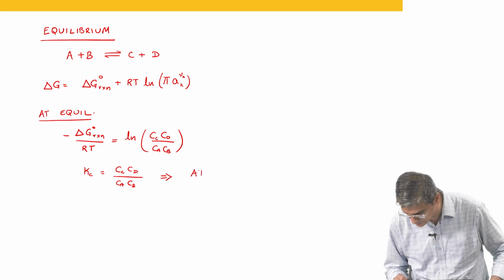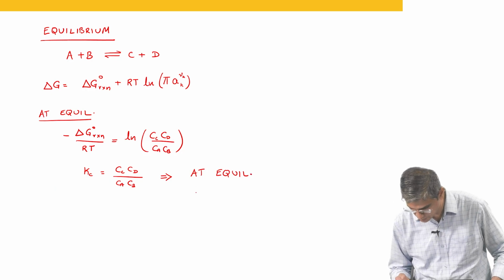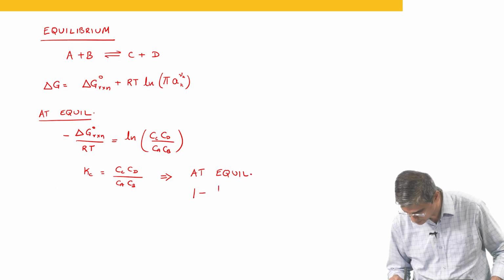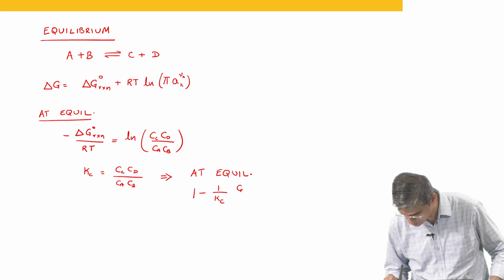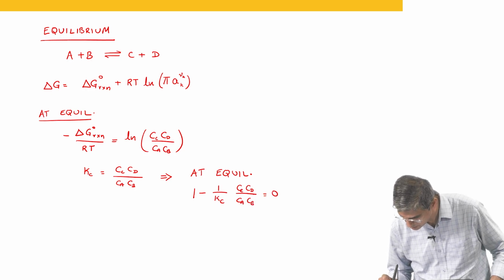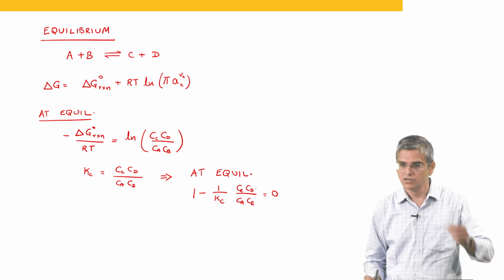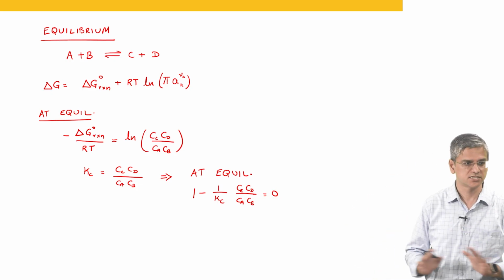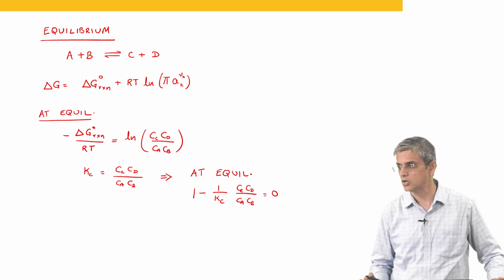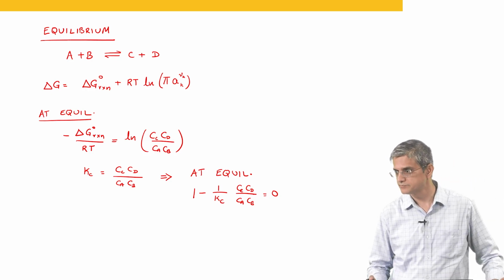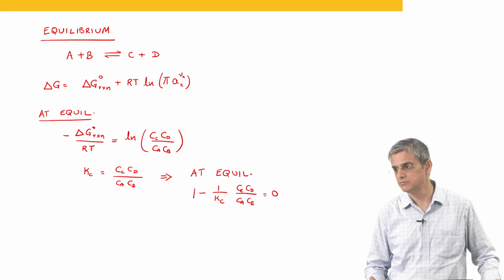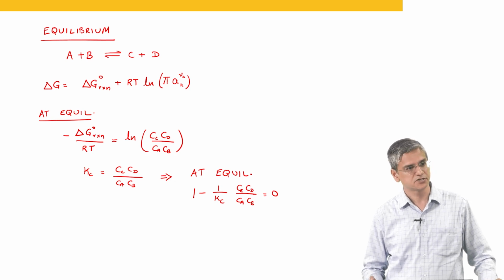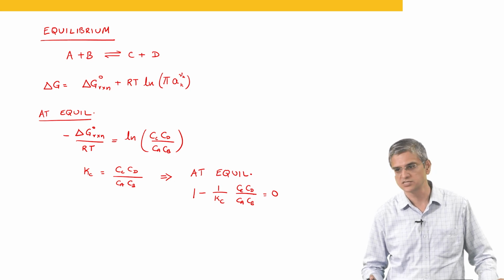Then at equilibrium, we are going to have 1 minus 1 by Kc Cc Cd divided by Ca Cb equal to 0. Okay. Note that we have not brought in any kinetics at this point at all. At equilibrium, irrespective of the temperature, this needs to be satisfied.